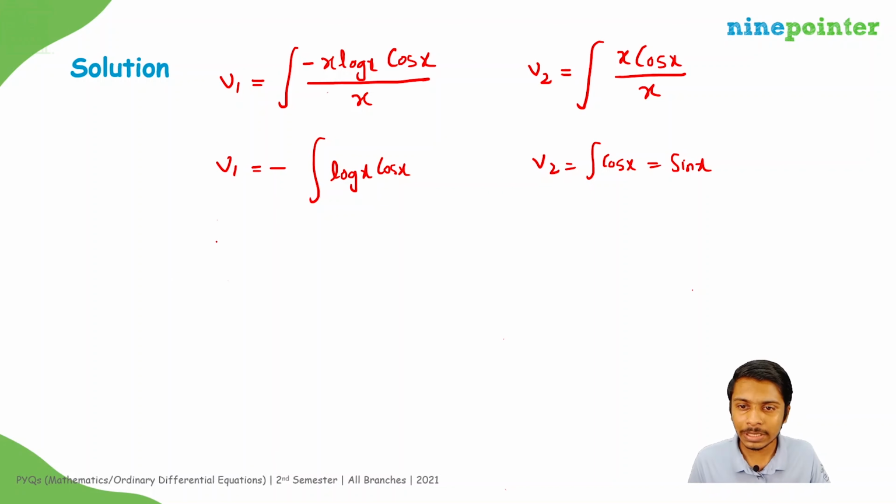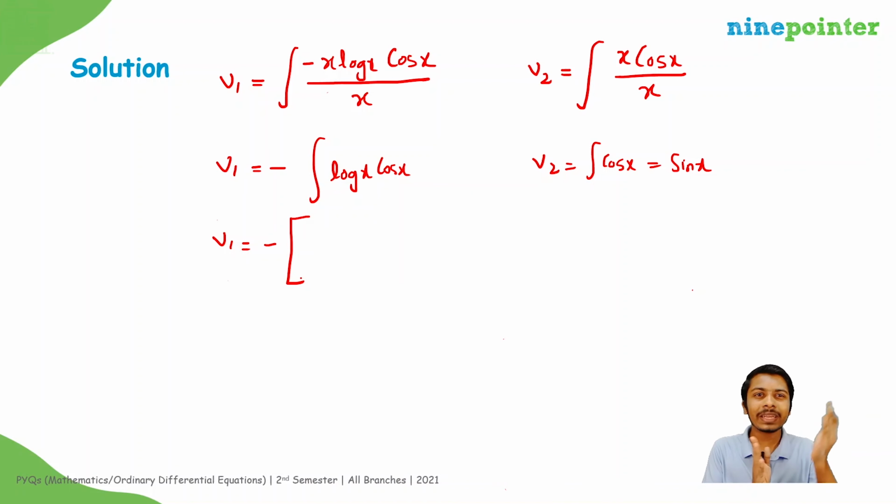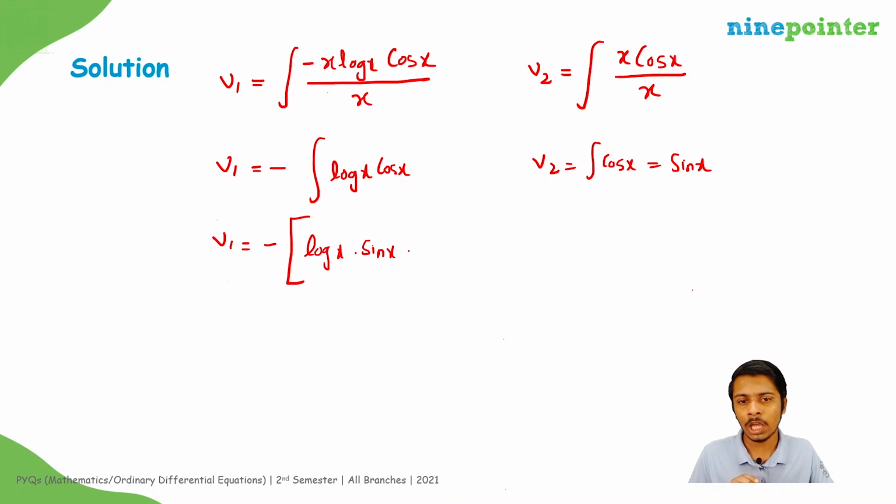Now I have to do this integration for v1. v1 equals integral minus, what is the integral of log x cos x? I can use the product rule in integral sense, right? It's known as the Leibniz formula. So first function into integral of second, which is integral of cos x, that is sin x, minus integral of derivative of first, which means derivative of log x, that is 1 by x, into integral of second, which is sin x, dx.